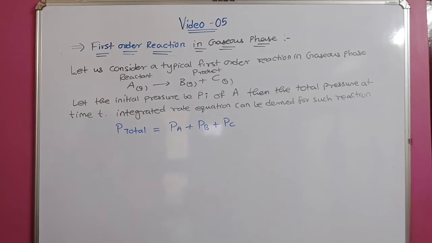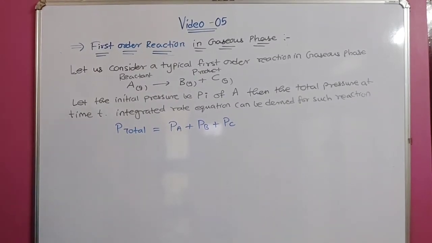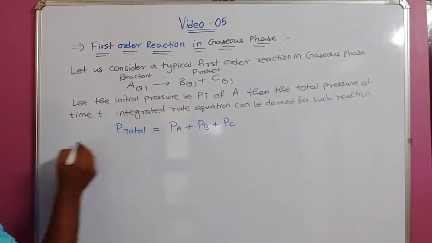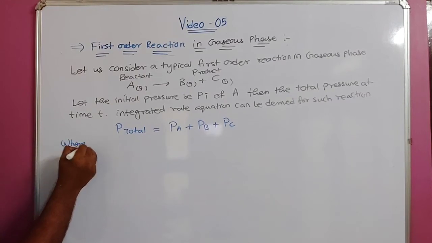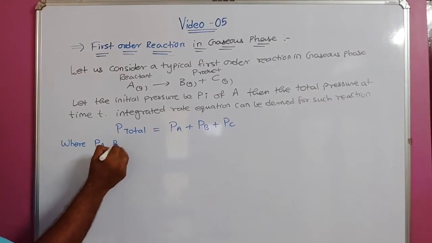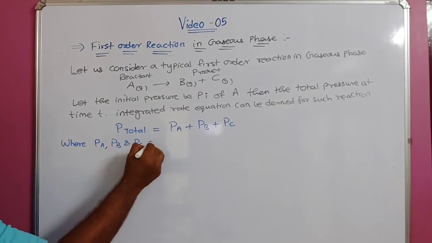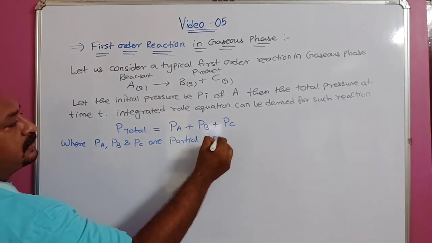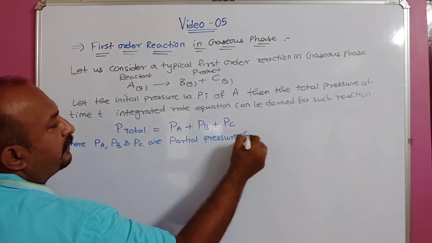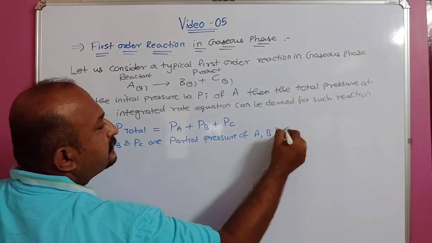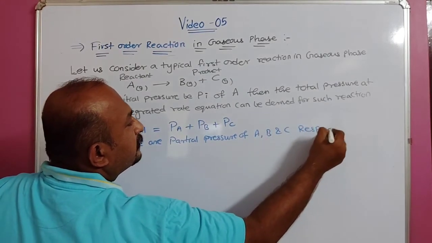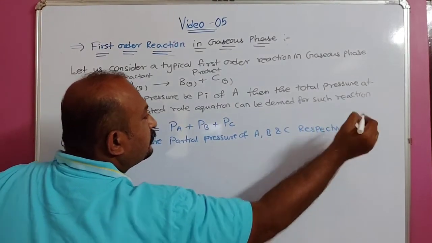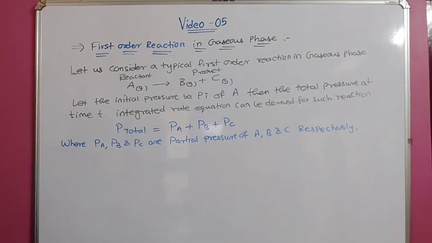Understood this part? Where PA, PB and PC are the partial pressures of A, B and C respectively.